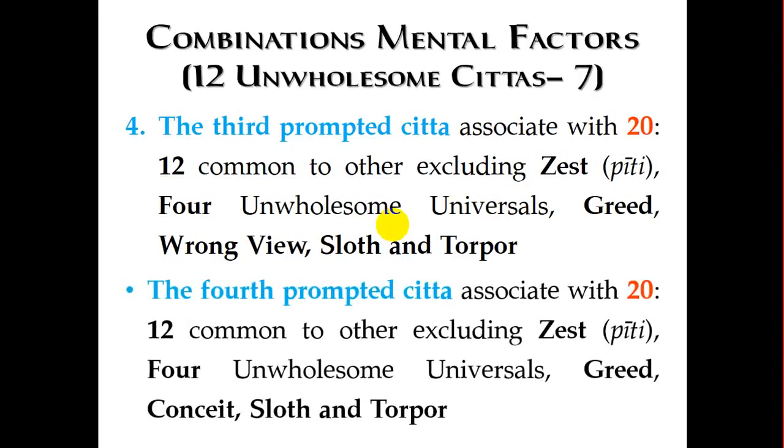And the fourth Pranacheda is 20. The difference is wrong view, conceit, and sloth and torpor. So now we have four methods. Any question? Okay.